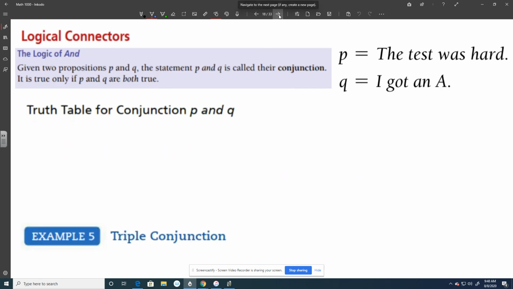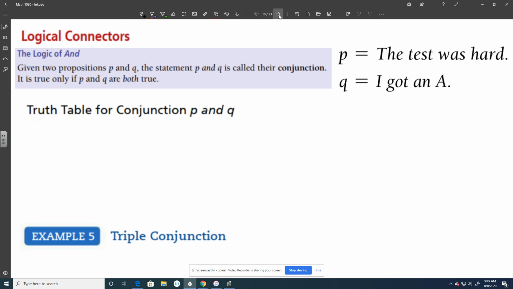We also have propositions where instead of just claiming one thing, there might be more than one proposition. So in this case, we're talking about two different propositions. Proposition P says that the test was hard. Proposition Q says that I got an A. So those are two different propositions.